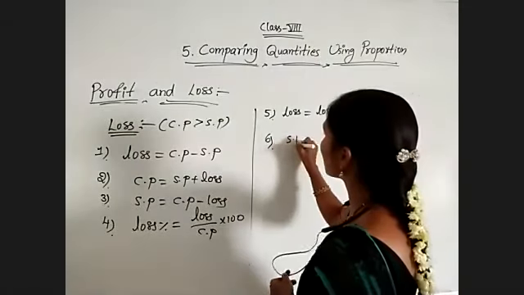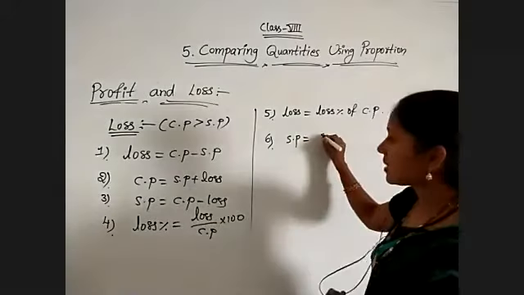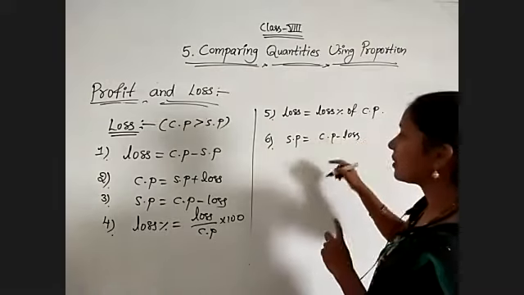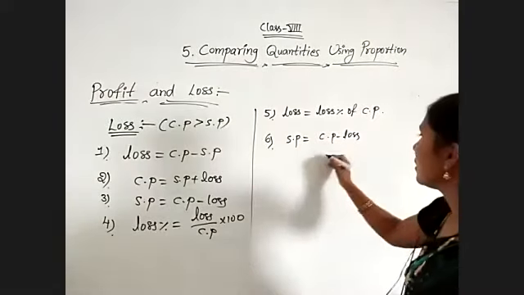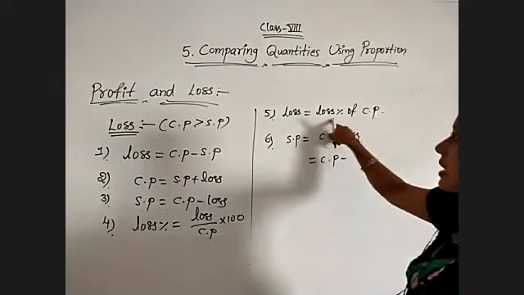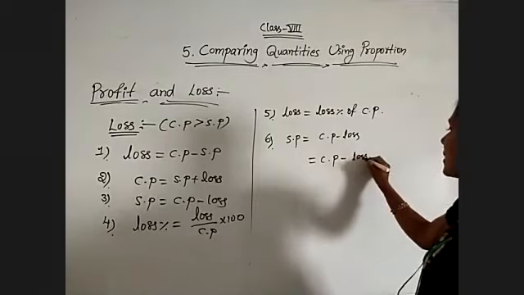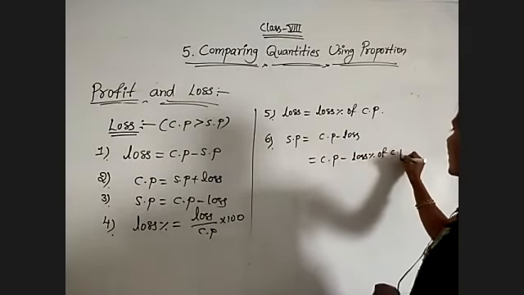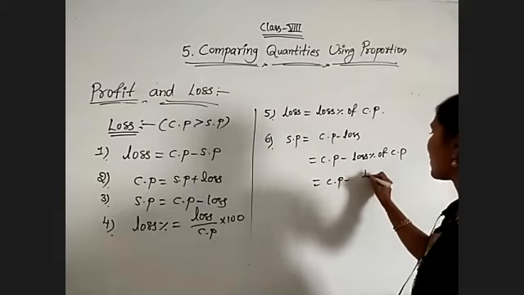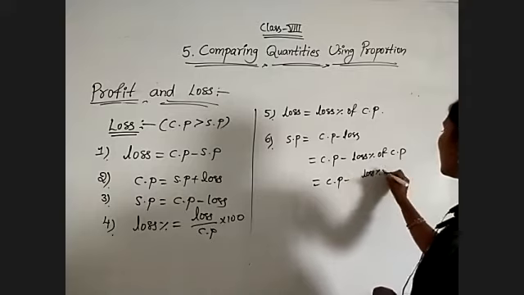SP value in terms of loss. Actually, SP we have as CP minus loss, or no? So here I am giving the solution, just observe. After that I will give the formula. That is CP minus loss, and in terms of percentage, loss is loss percentage of CP. That is CP minus loss percentage by 100 into CP.